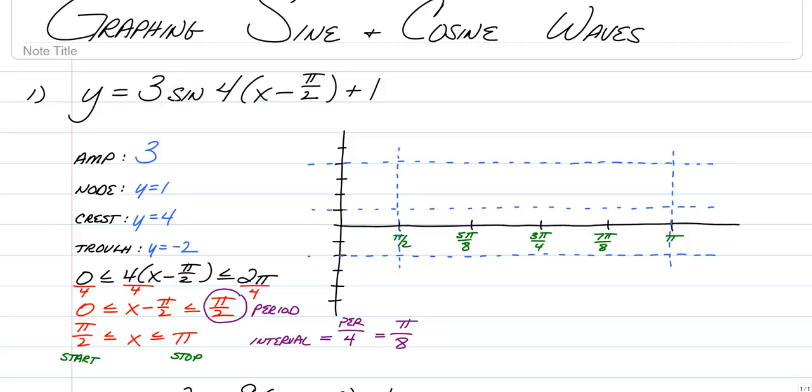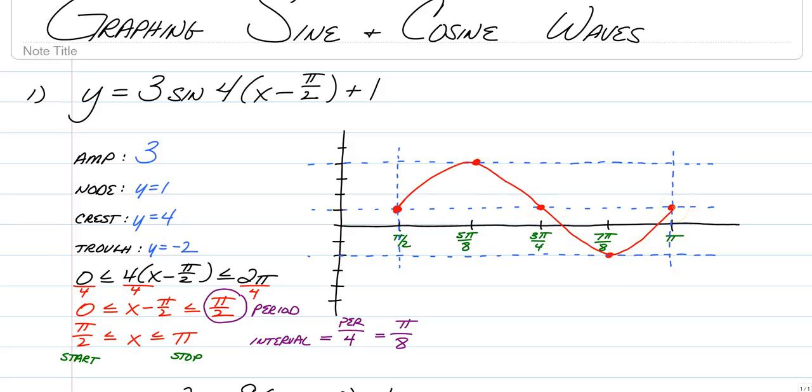So remember, sine starts right here on the node line. And if it's positive, we are going to go up. So then our next one will be at pi over 8. And then we're just going to hit all of our marks at the node, the crest, and the trough.